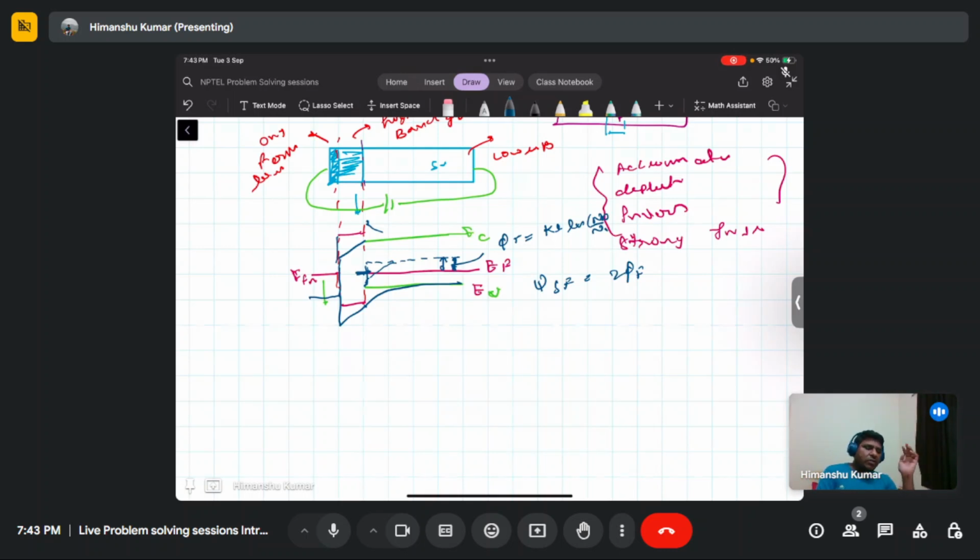Depending on the substrate, we will see inversion or depletion with the positive or negative application of bias. And you can see the different regions of operation in the actual device.